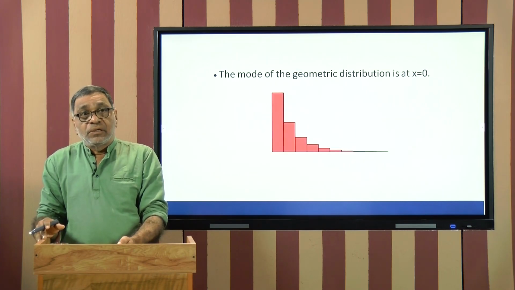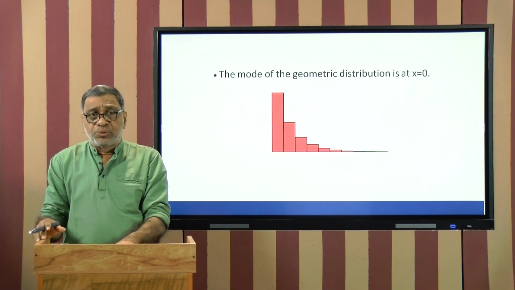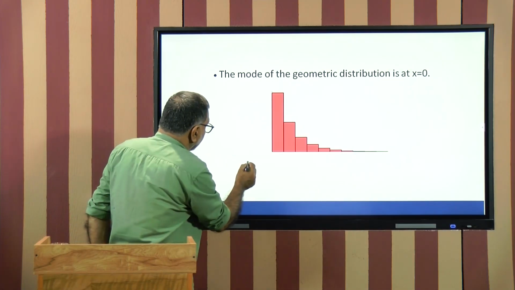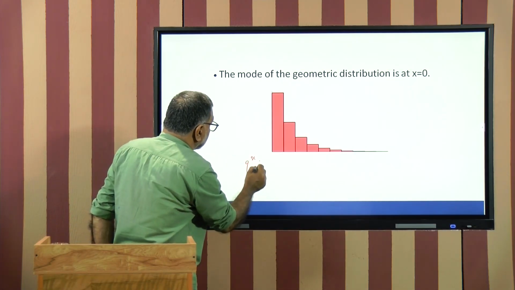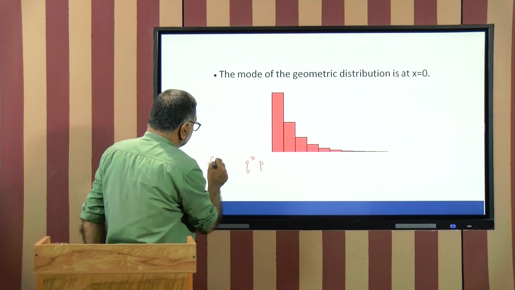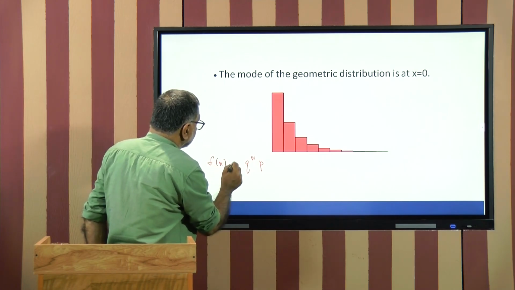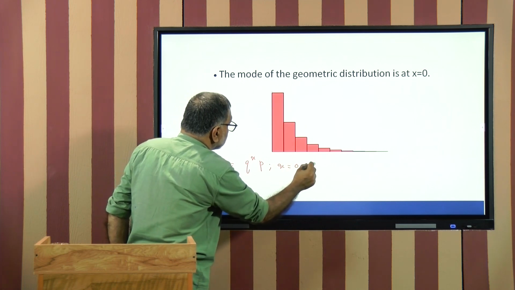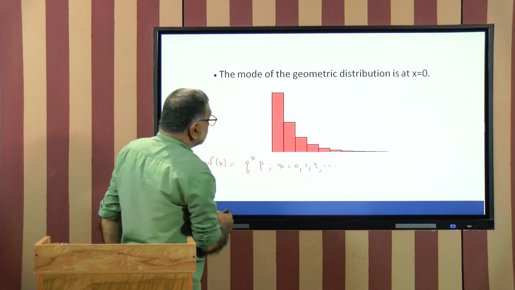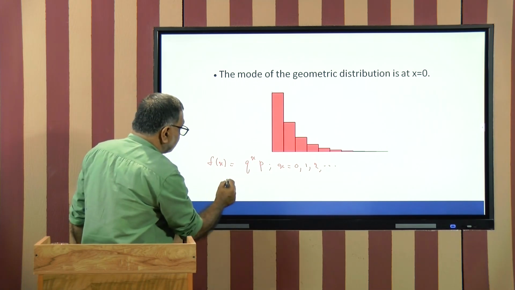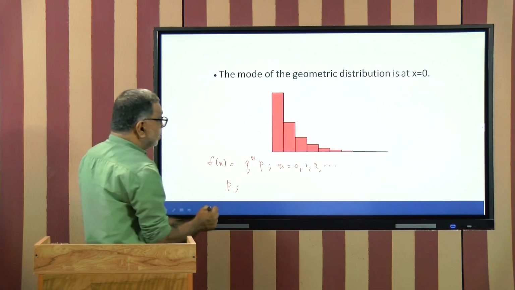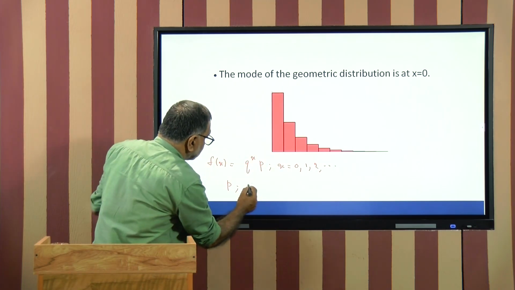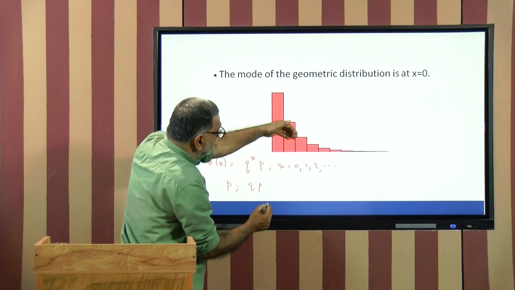Okay. And what about the mode of the distribution? When you draw the graph, q power x into p is the probability mass function, f of x is equal to q power x into p. So, these are the values. When x is equal to 0, it is p. When x is equal to 1, it is qp, which is smaller than this one.